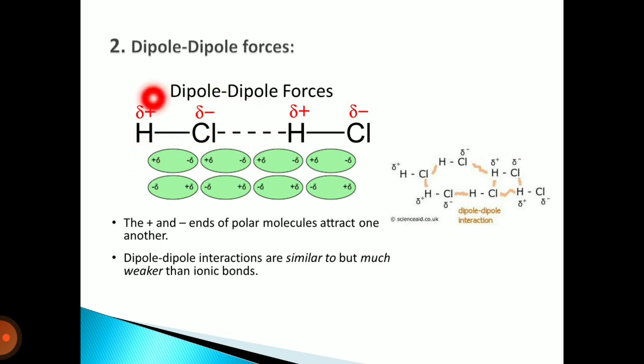So when such polar molecule comes in contact with another polar molecule, then there exist the weak attractive forces between partially positively charged hydrogen atom of one molecule and partially negatively charged chlorine atom of another HCl molecule. So the positive and negative ends of polar molecules attract one another and dipole interactions are developed among these molecules.